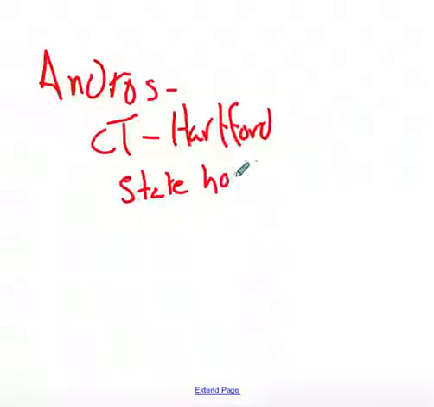And Connecticut was not excited about meeting with John Andros. So they dragged their feet and they made the meeting go on and on forever. And eventually it came time for Connecticut to hand over their charter.